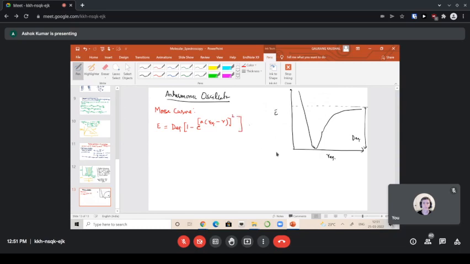This is the Morse equation. You must have learned this equation somewhere in BSc, in atomic and molecular physics or in solid state physics.